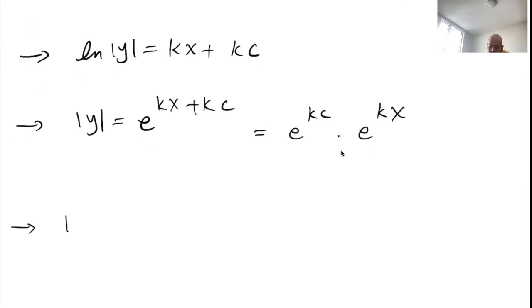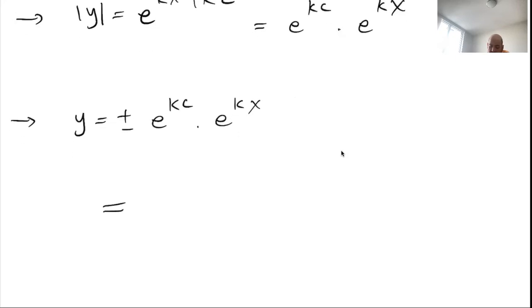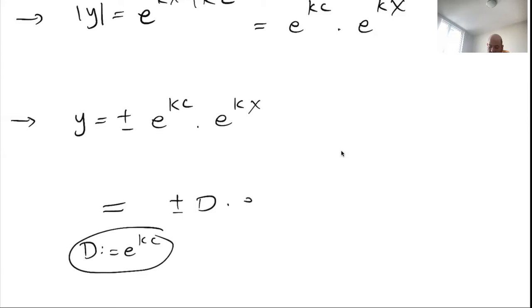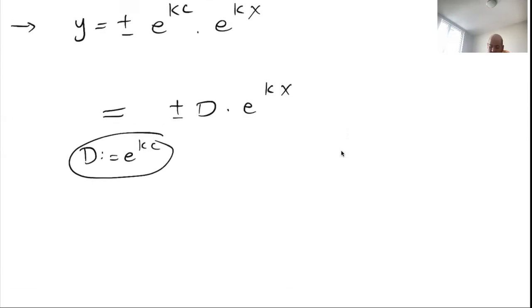And therefore absolute value y will be equal to, y itself will be equal to plus minus e to power kc times e to power kx. Now e to power kc, if I call it d, then I will have plus minus d e to power kx.